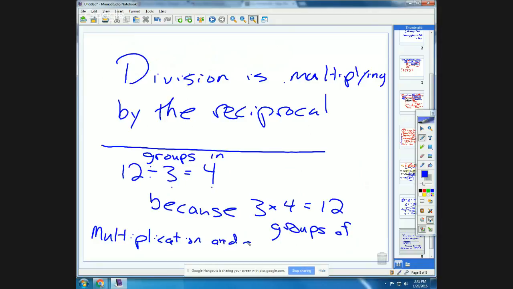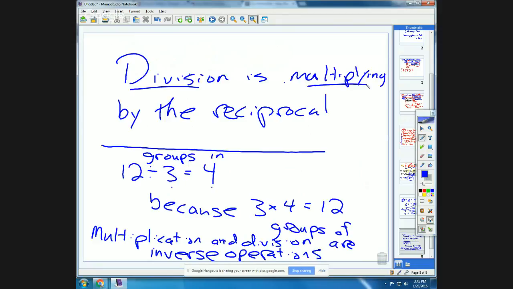Multiplication and division are inverse operations. So there's a relationship between those two words up there.